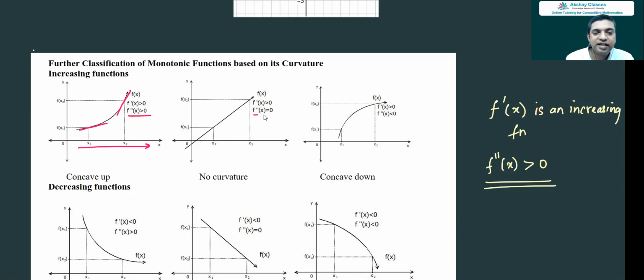So when the second derivative is 0, the curve will not have a curvature, at least at that point. But here the second derivative is 0 throughout. So it's a straight line. Understood? And here this is an increasing function. We can see if I draw a tangent here, at x1 I'm drawing a tangent.